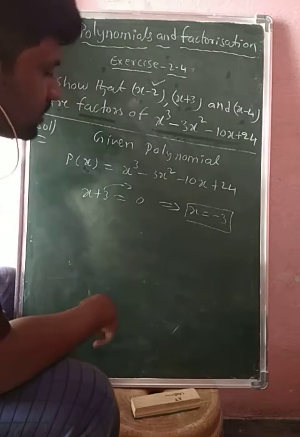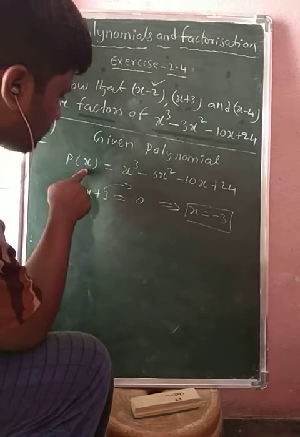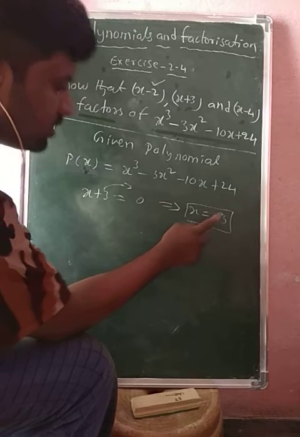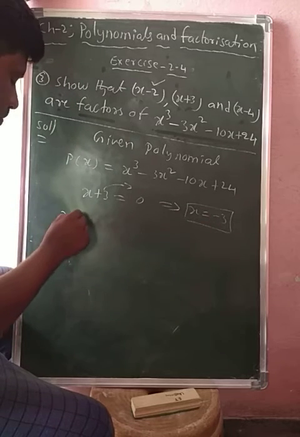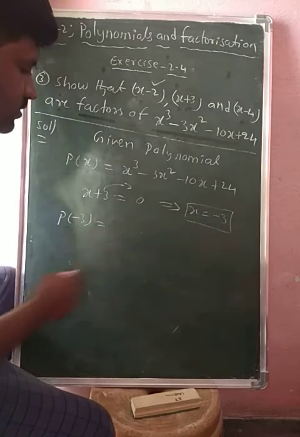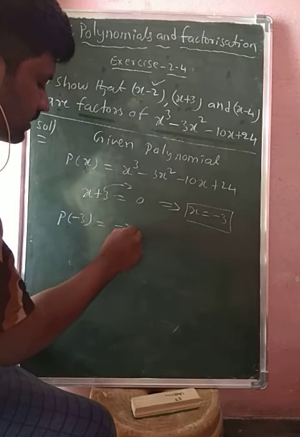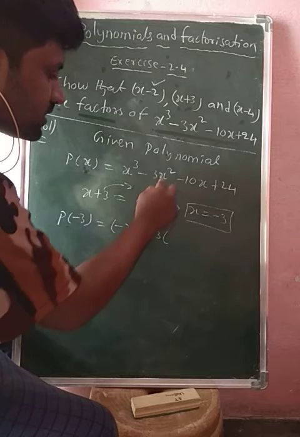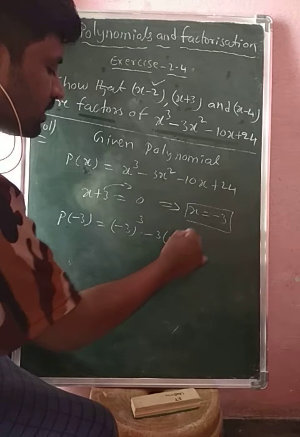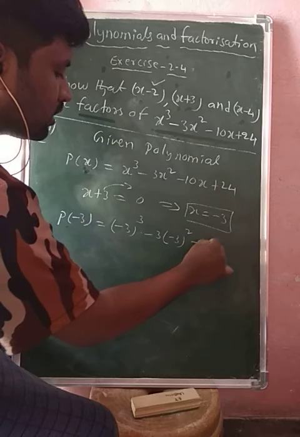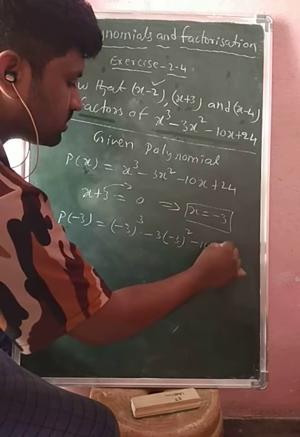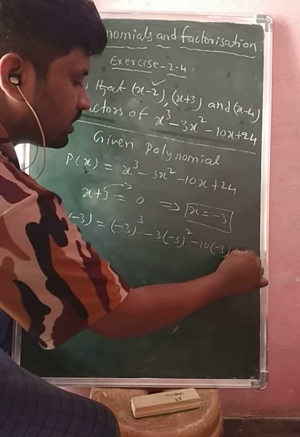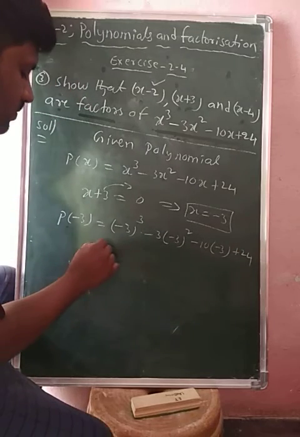So now replace in the place of x with minus 3. So that is p of minus 3 is equal to x cube, that is minus 3 whole cube, minus 3 of x square, minus 3 whole square, minus 10 of x, that is minus 3, plus 24.